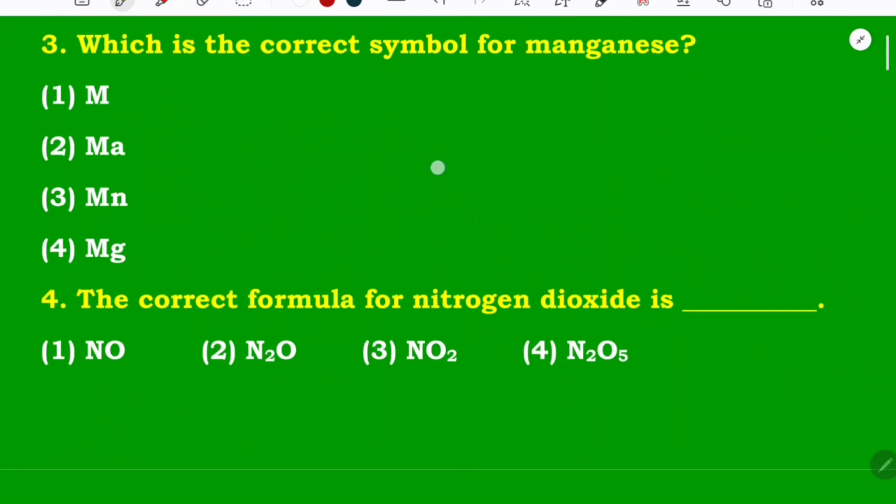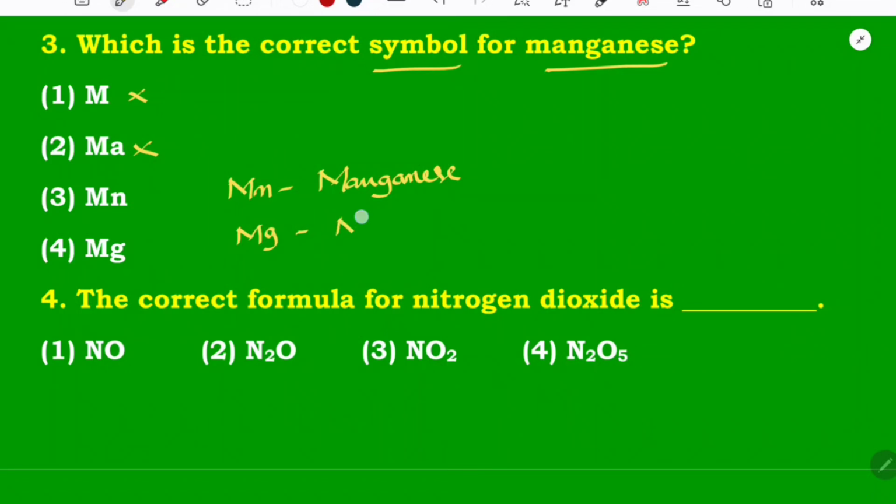Next question: which is the correct symbol for manganese? M is not a symbol. Ma is not a symbol. So we have to choose between these two. Mn means manganese, and Mg means magnesium.